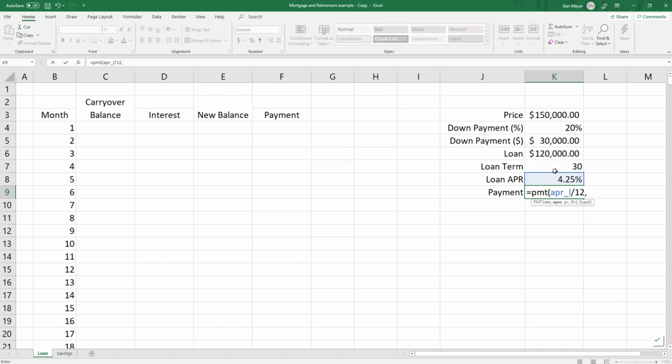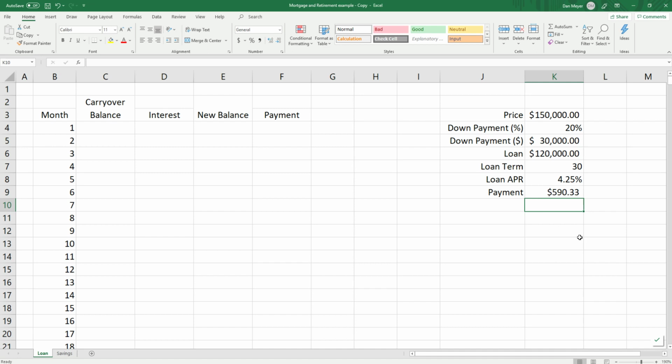We need the number of payments that we're going to make. We'll take 12 months per year times our loan term of 30 years. And then we need the amount of the loan as a negative number. So minus the loan. Okay, and it looks like we'll have to pay slightly less than $600 a month to be able to afford this house.